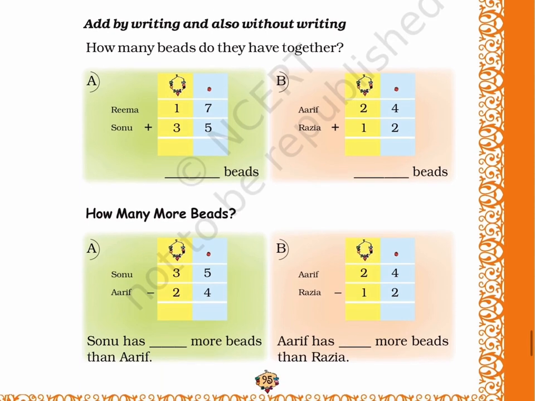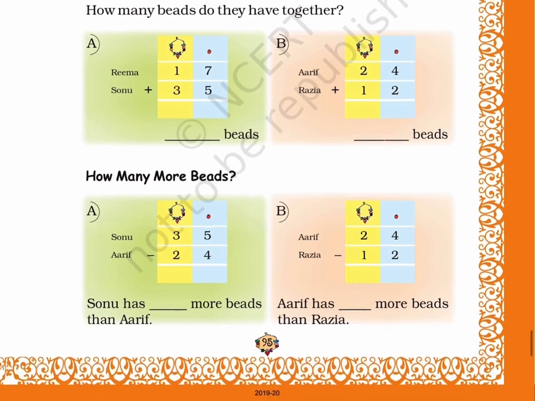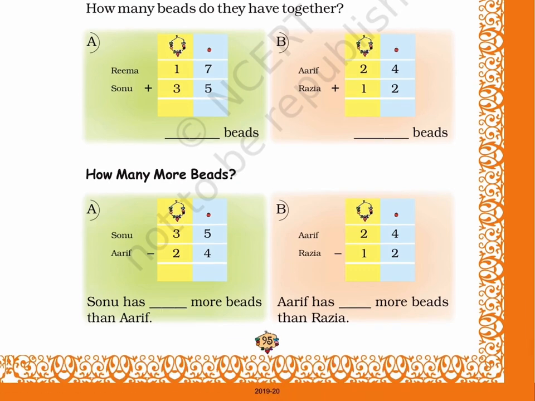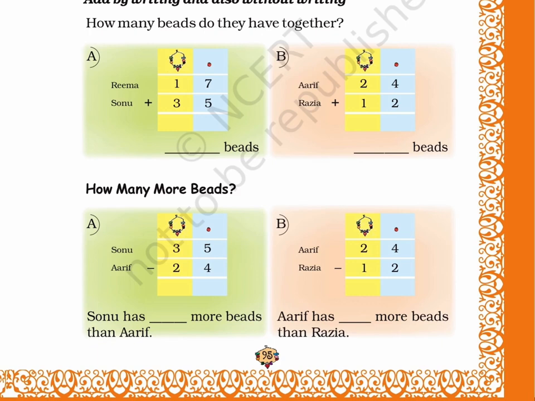B. If Arif has 2 necklaces and 4 loose beads, and Razia has 1 necklace and 2 loose beads. The above questions are shown in table form, with necklace column in yellow and beads column in blue. Below the table, answer space dash beads is given.